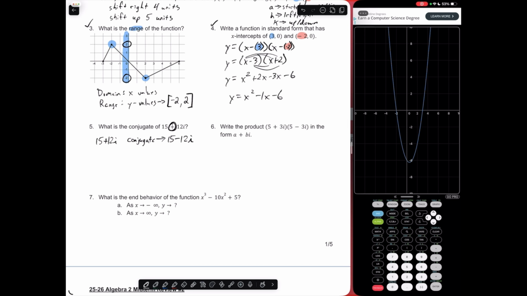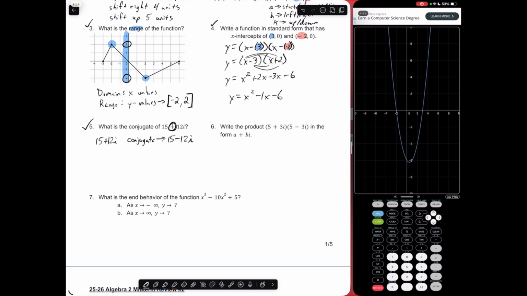So the sign for the complex part, or the imaginary part there, that's going to change. So in this scenario that you had, let's say 3 minus 5i, the conjugate would be 3 plus 5i. So the bi part is the part that is going to change to the opposite sign.